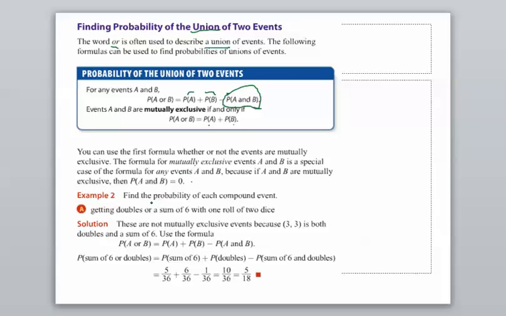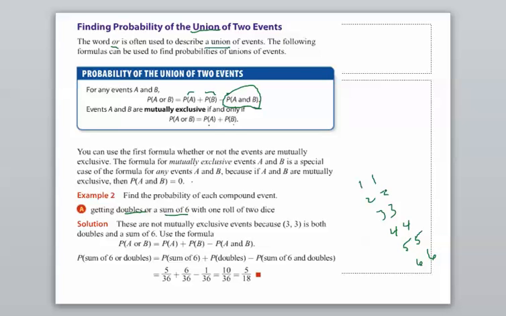So let's look at this example here. It says find the probability of each compound event. Getting doubles or the sum of 6 with one roll of 2 dice. Well, if I'm looking at that, my doubles are 1,1; 2,2; 3,3; 4,4; 5,5; or 6,6.